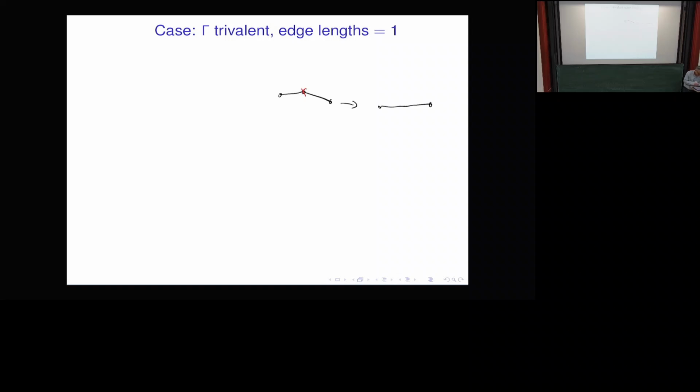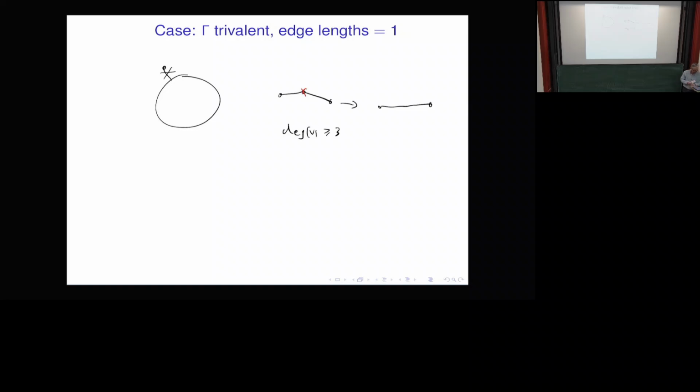It doesn't contribute to the systole, so this is kind of stupid. It increases the length but doesn't increase the systole. And certainly I'm not interested in vertices of degree 1. So I know that the graph that realizes the systole is going to have degree greater or equal to 3 for each vertex.